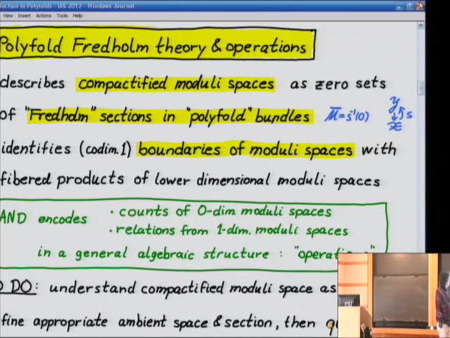And moreover, you get this all out of one black box that I'll describe. You also get it up to the boundary, so you get boundaries and corners. And if you're using operations, you're going to get a nice fiber product structure on the boundaries.